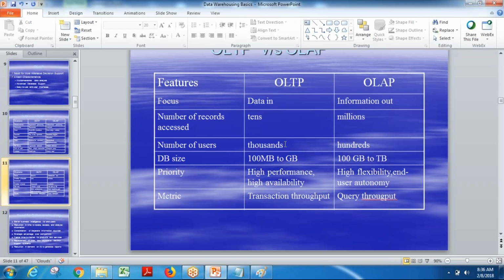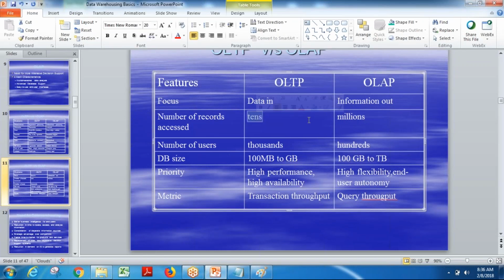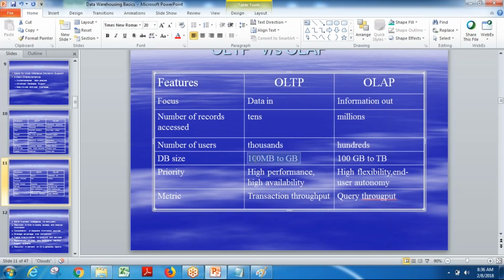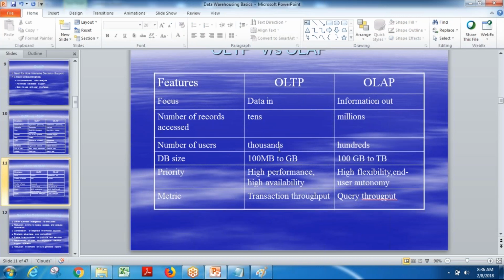So in the transactional system it is tens, and in OLAP, millions of records will be present. Obviously less data, less size. So transactional system size will be in gigabytes, and data warehouse size will be in terabytes, most of the time even more than terabytes, right?